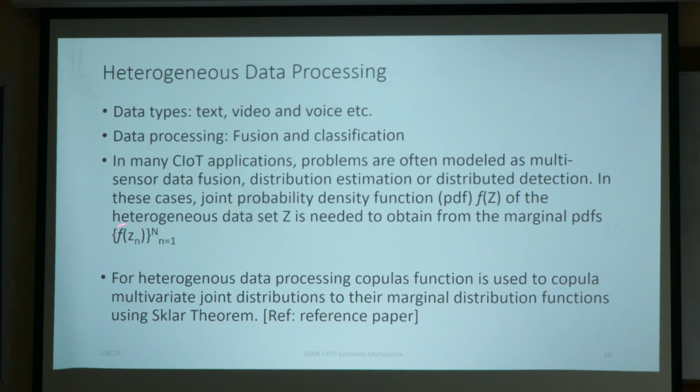This equation is typically used for that. For now you can ignore it; just know that there is a mathematical method to do the analysis. For heterogeneous data processing, copulas means connect. The copula function is used to connect the multivariate joint distribution to the marginal distribution functions using Sklar's theorem. The paper has details.